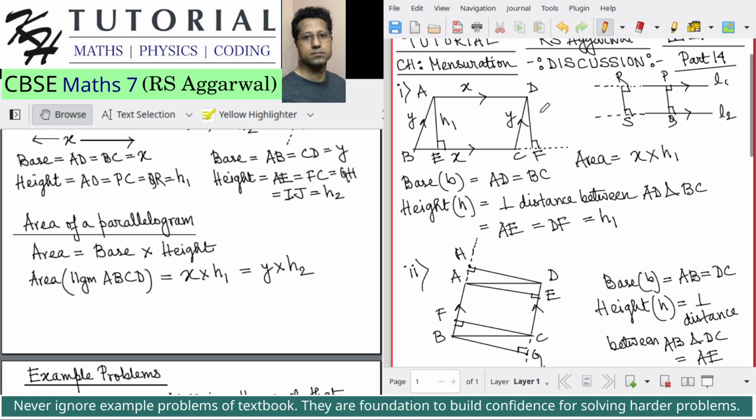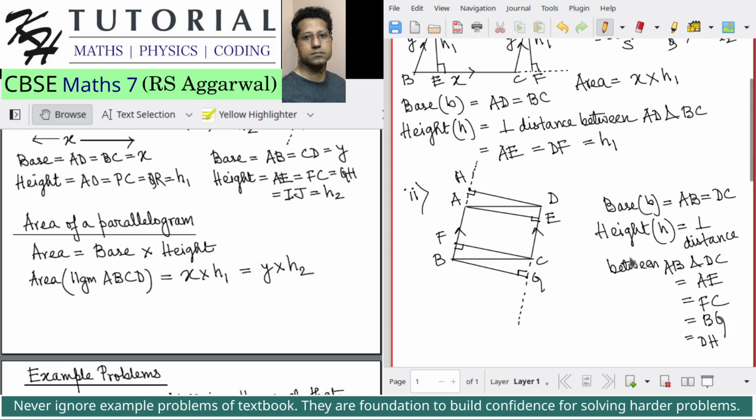So for figure 1, considering the sides AD and BC as the base, and the corresponding heights AE and DF equal to h1, the area will be x multiplied by h1, where h1 is the perpendicular distance between the sides AD and BC.